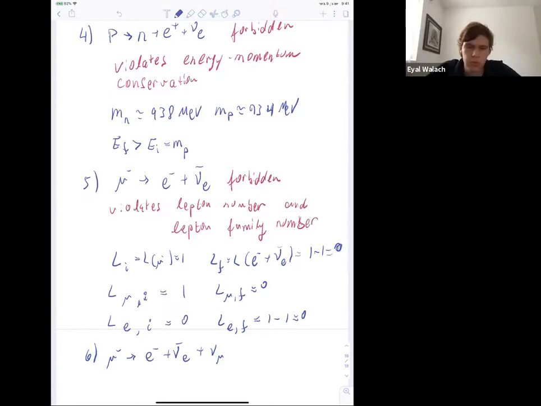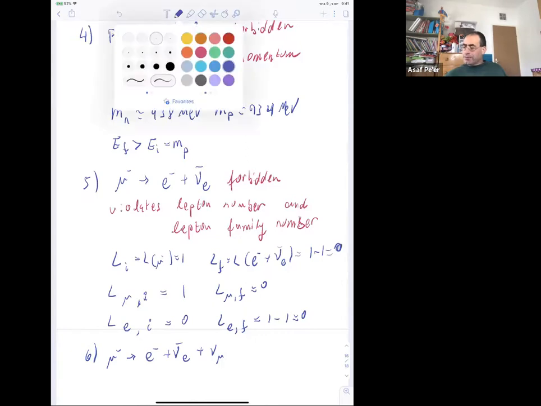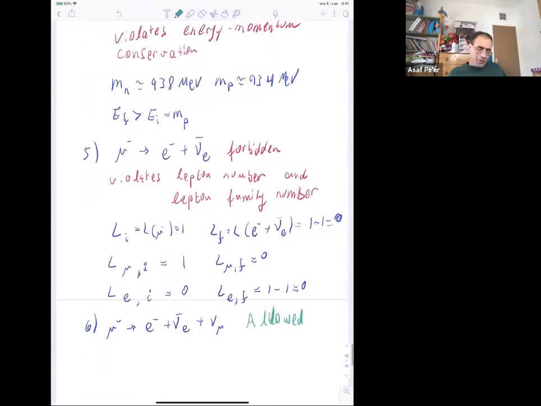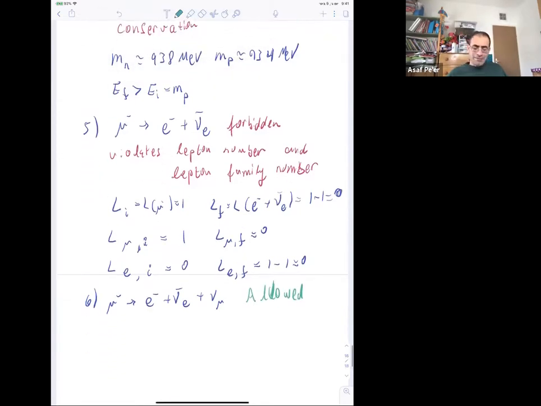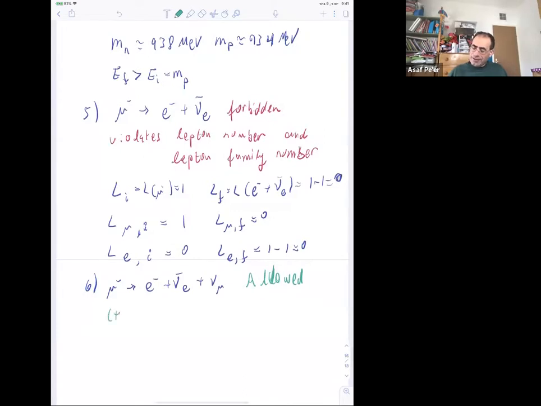Allowed. That's all. This is allowed. Yes. This is the only allowed way for a muon to decay.